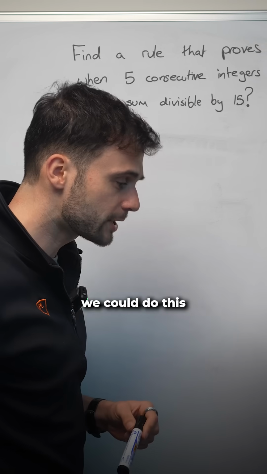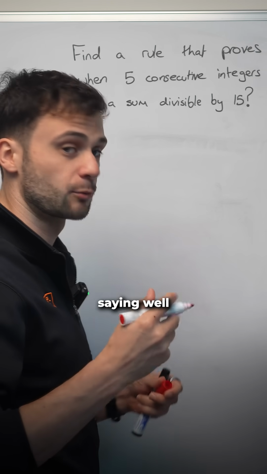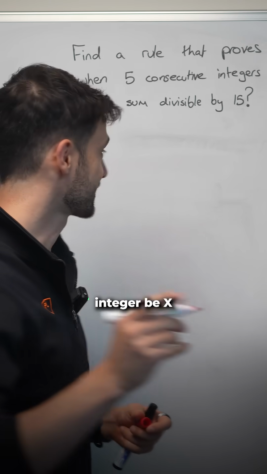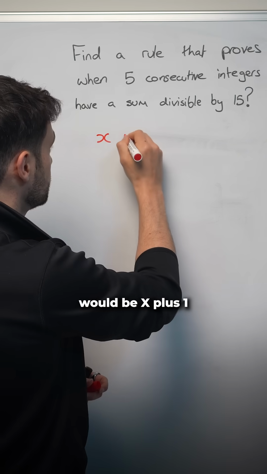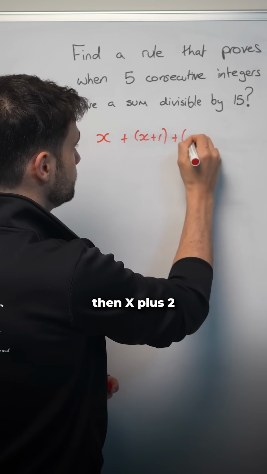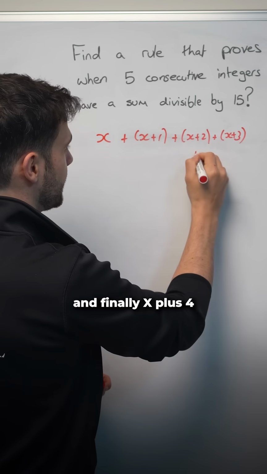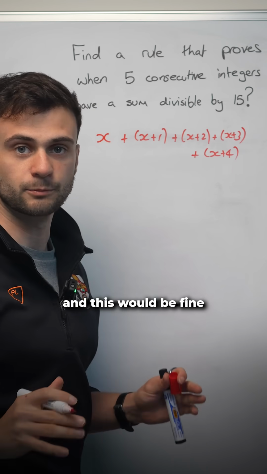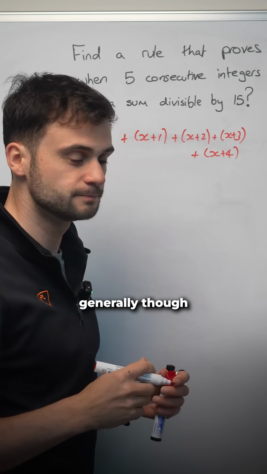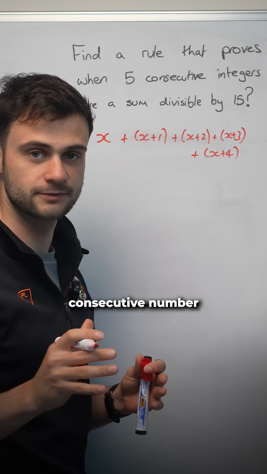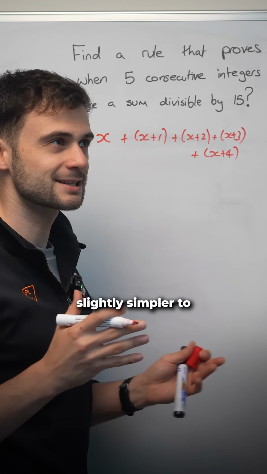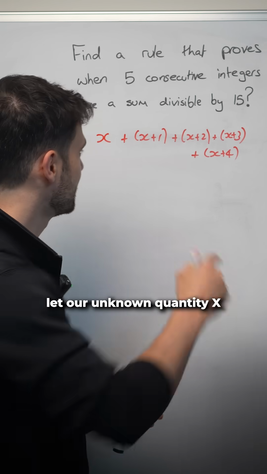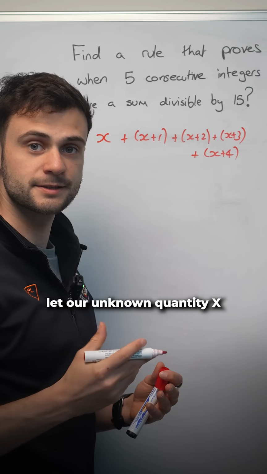Well, one way that we could do this is by starting by saying, let's let the first integer be x. And then the second integer would be x plus 1, then x plus 2, x plus 3, and finally x plus 4. And this would be fine. Generally though, and this is just a little tip, when we have consecutive number problems, it often makes it slightly simpler to let our unknown quantity, x, be our middle number.